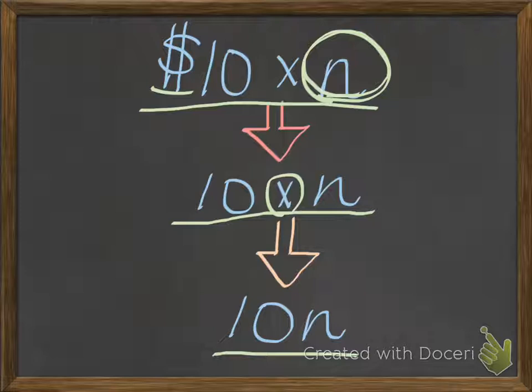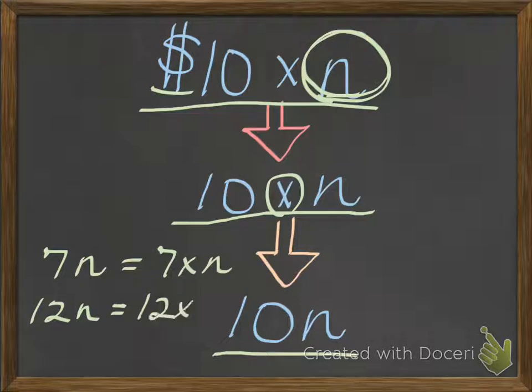So if I have 10n, that means 10 times n. If I had 7n, that means 7 times n. If I had 12n, that means 12 times n. Anytime we have a number next to a letter, that means we are multiplying the letter times the number.